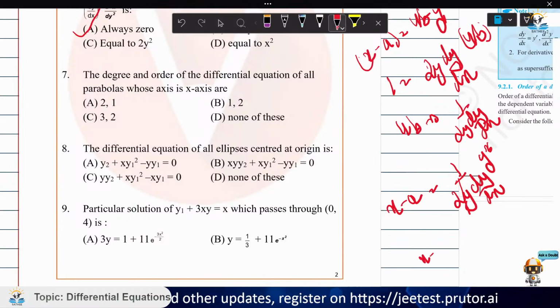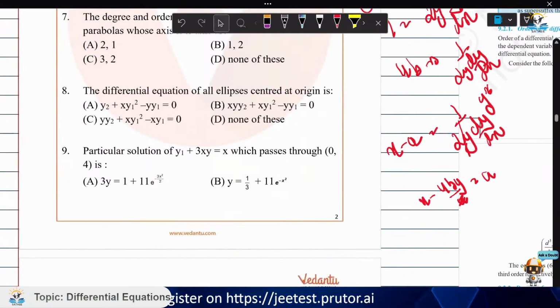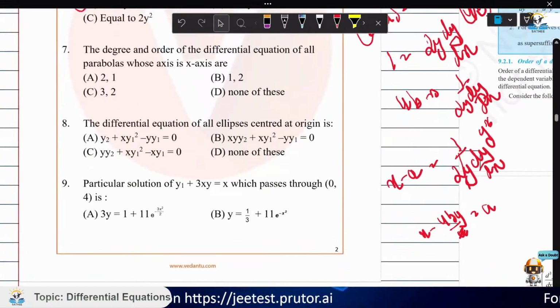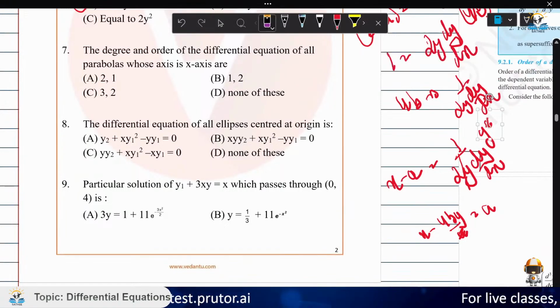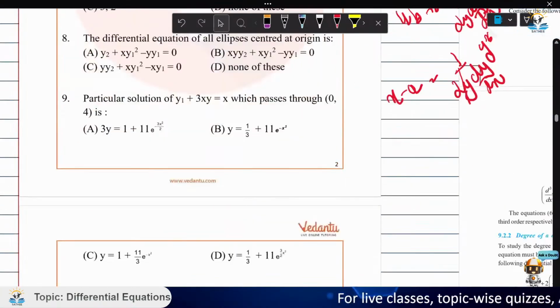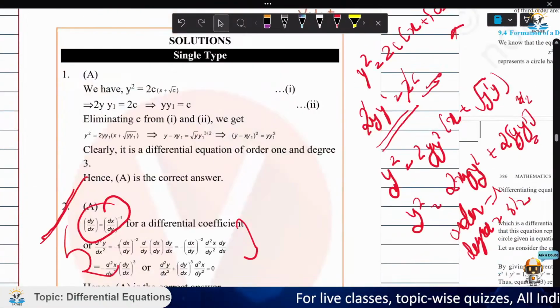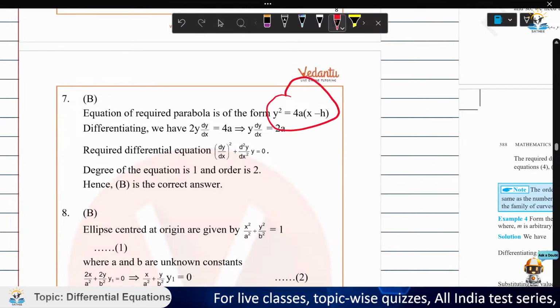And we can add the value of a as well. No, we cannot put the value of a here. Let me check once. Let us go to the seventh part and see how they're going about the solution. This is very similar to what we did.